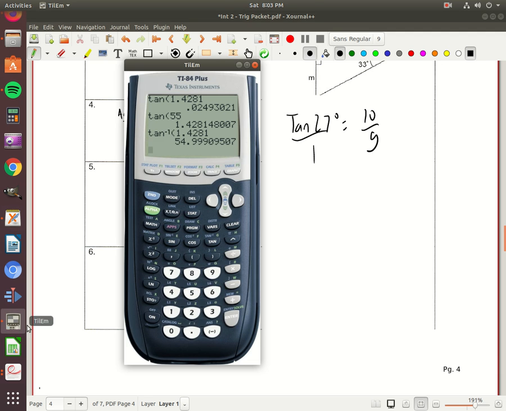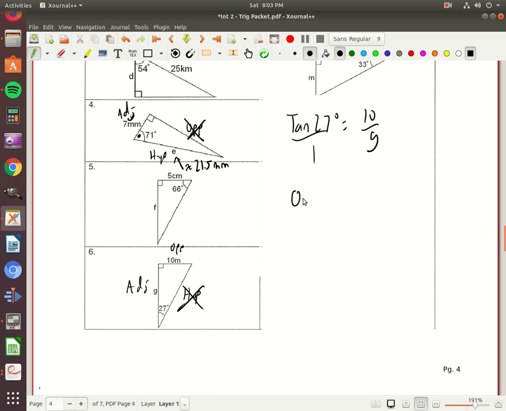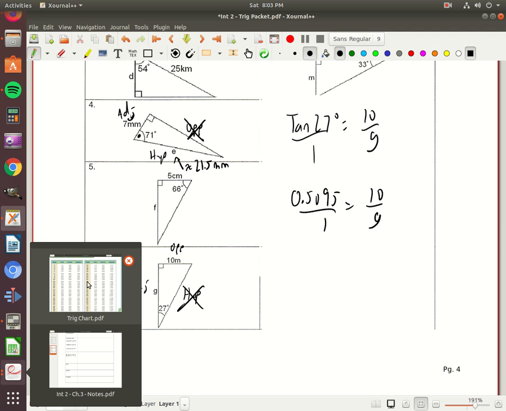Now, like I said, I'm going to use the calculator here. So I want to know what the tangent of 27 is. So very simply, I'm still in degree mode. I'm just going to hit tangent of 27, and it gives me the ratio 0.5095. 0.5095 over 1 is equal to 10 over g. I will tell you, I know a lot of kids hate using the calculator.